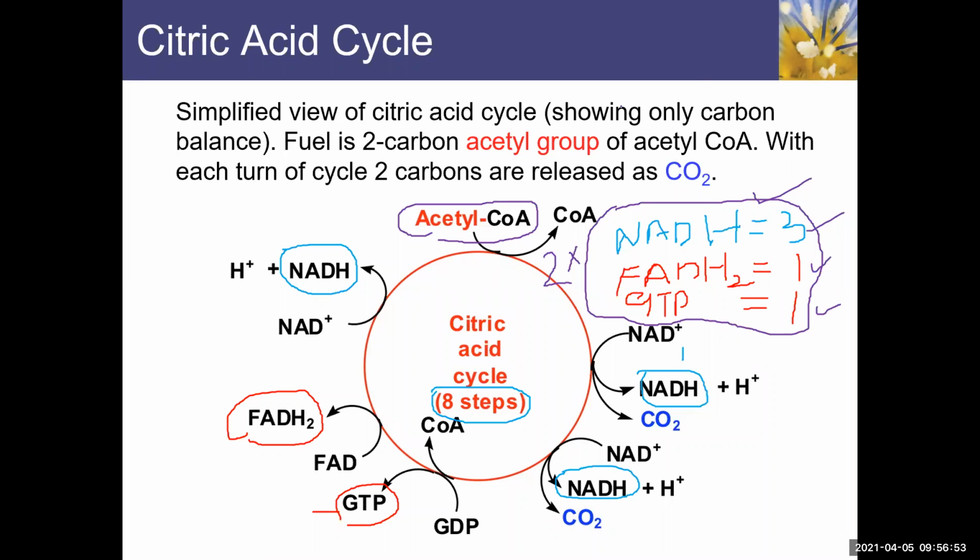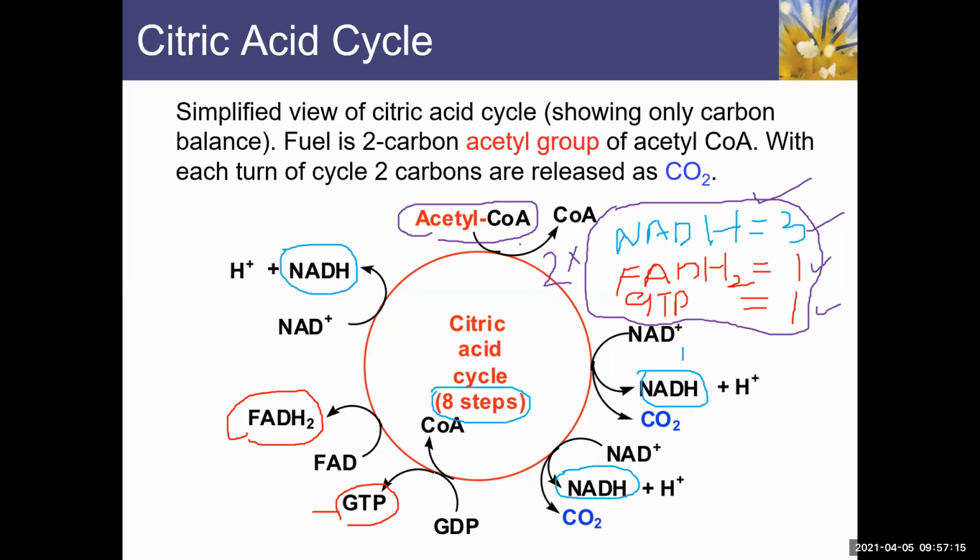Yes. Why do I say that? Because I don't have only one molecule of acetyl-CoA entering the cycle. I have two molecules of acetyl-CoA entering the citric acid cycle, or the Krebs cycle. And why do I have two molecules of acetyl-CoA?